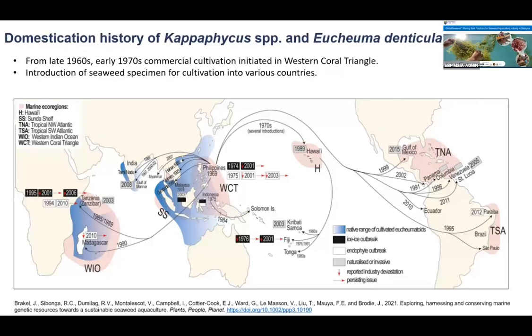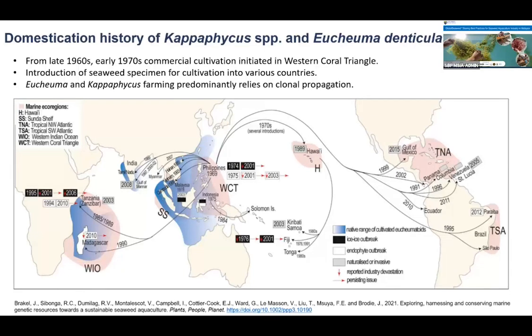Often seaweed strains were introduced from the farms in the Philippines to other parts of the world, as indicated here by the black arrows, for example to Tanzania, Madagascar, Hawaii, India, and many other countries, where these seaweeds are not native. Thus, if we are looking at the distribution of genetic diversity of cultivars, we expect to see the pattern reflect this history of introduction.